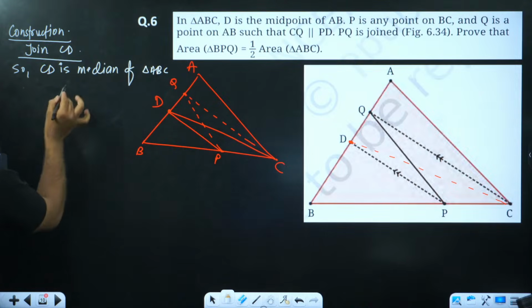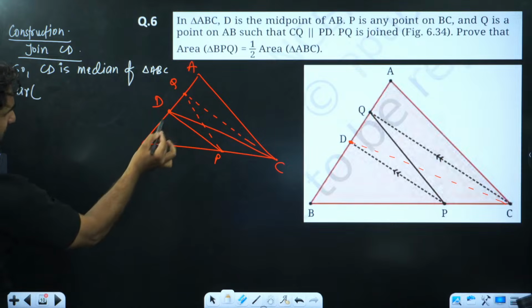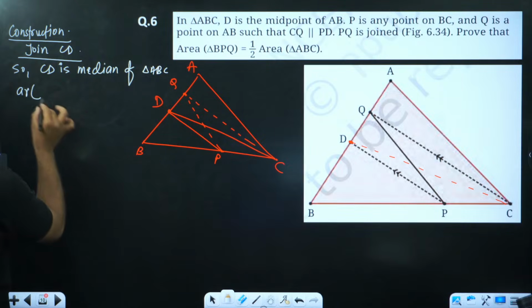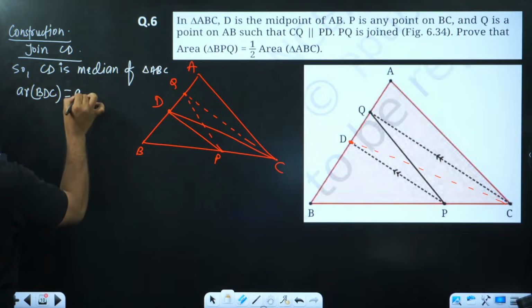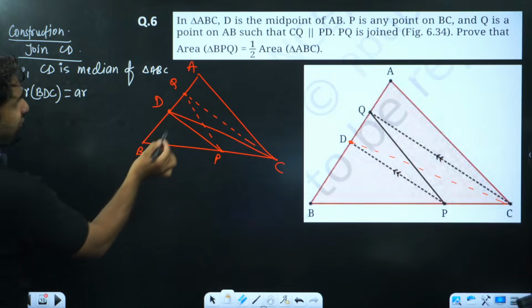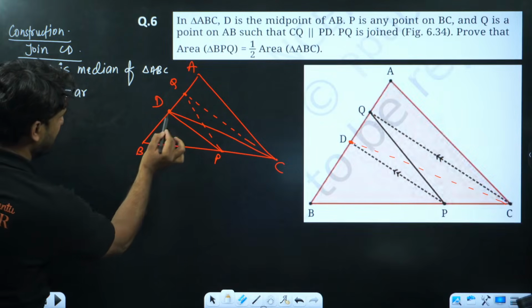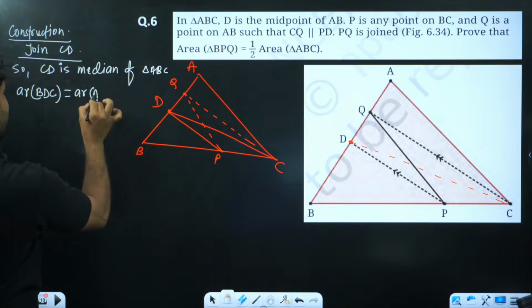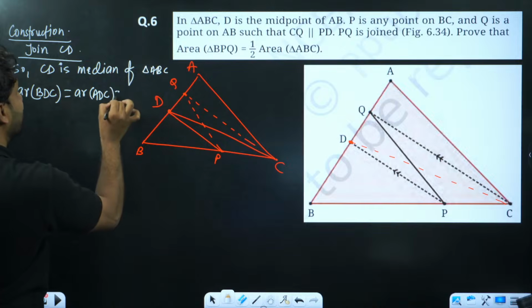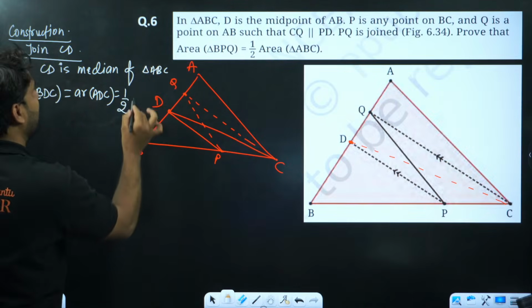And if CD is the median of triangle ABC, it implies that the area of triangle BDC will be equal to the area of triangle ADC, or either we can write half of the entire triangle.